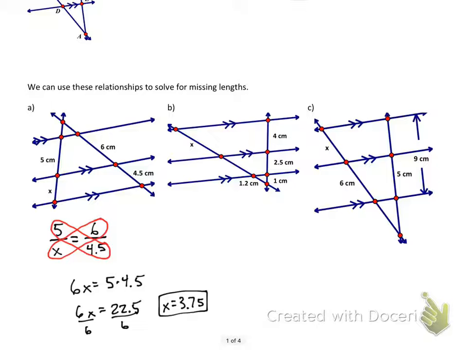So let's look at the next one. And we're going to do this all as a class. I'm not just going to say, okay, you guys do this. So the next one, we have to have a pattern of correspondence. So what works? We're looking at B now. That's how you do it.